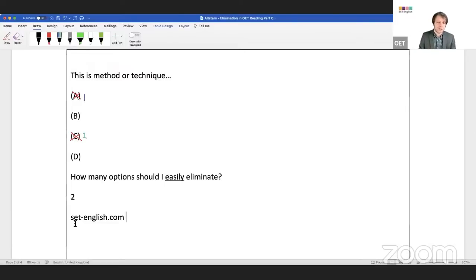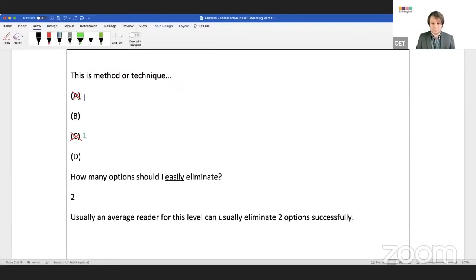And what I've noticed is usually an average reader for this level, right? You guys need to be upper intermediate or advanced speakers of English. So an average reader for this level can usually eliminate 2 options successfully.